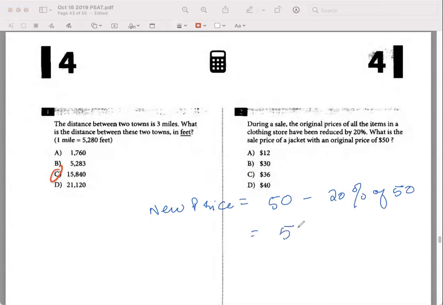So that's 50 minus 20 over 100 times 50, which cancels out with 5. So you get 10 here. So that's 50 minus 10, which is 40. So the sale price of the jacket would be $40, option D.